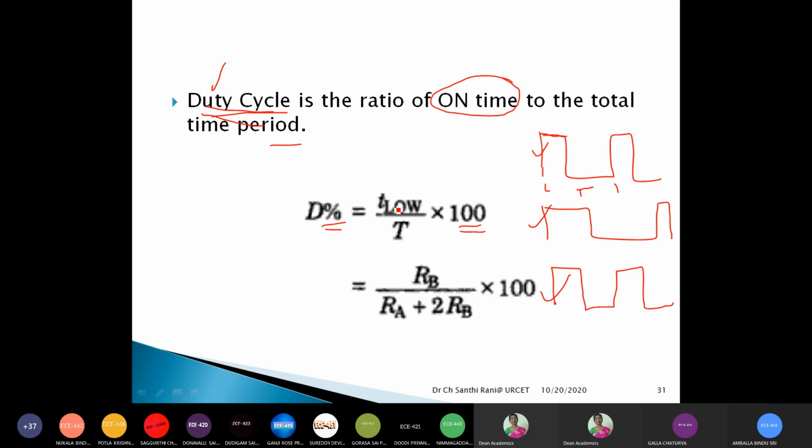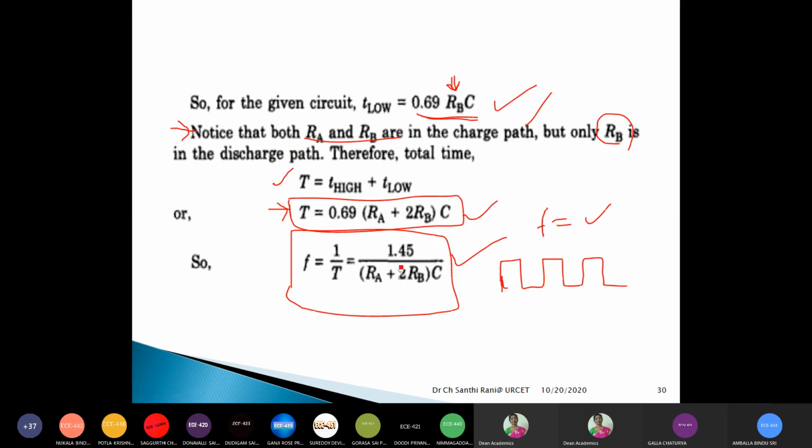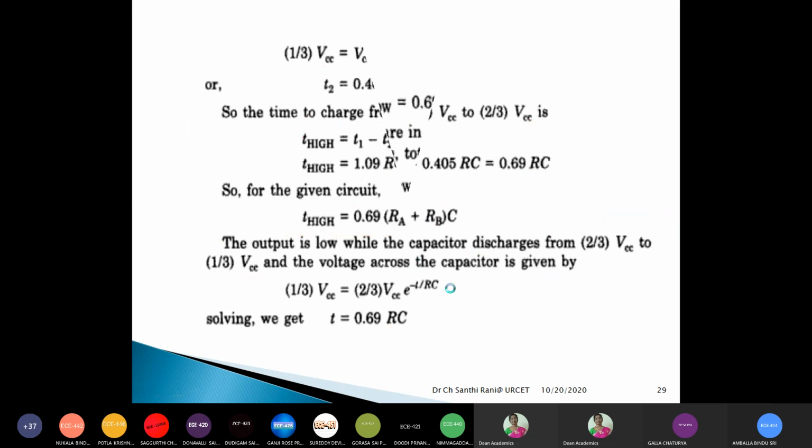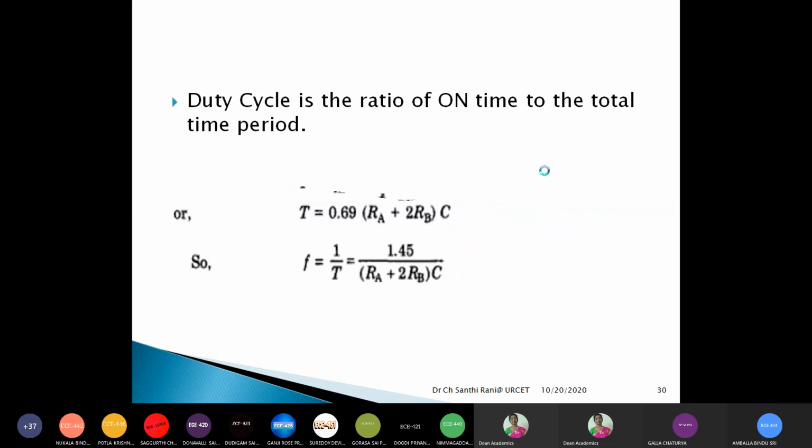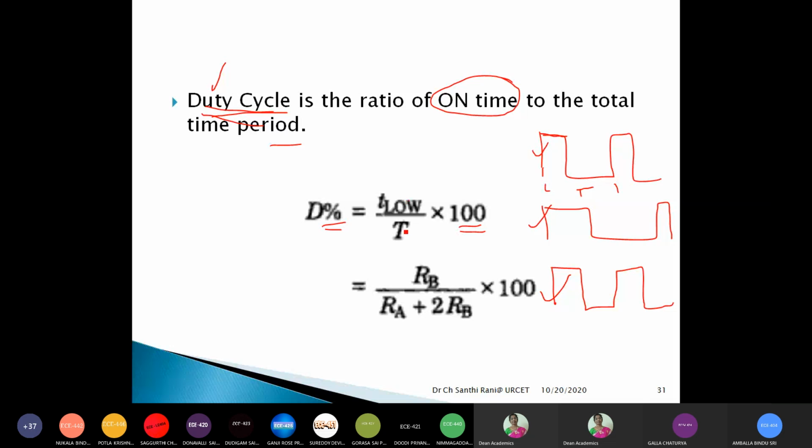So what is this T low? T low equation we know. T low is equal to 0.69 times RB into C, right? And what is the total time period? T is equal to 0.69 into (RA plus 2 RB) into C, right? So you write T low divided by total T, multiplied with 100.